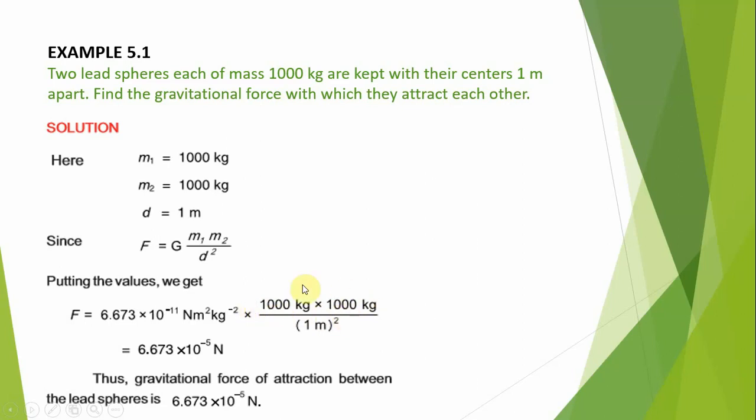When 10 raised to the power minus 11 is solved with 10 raised to the power 6, the answer becomes 10 raised to the power minus 5. So finally we came to know that the gravitational force of attraction between the two lead spheres will be 6.673 into 10 raised to the power minus 5 Newton.